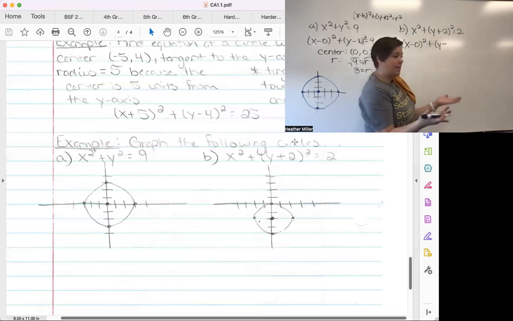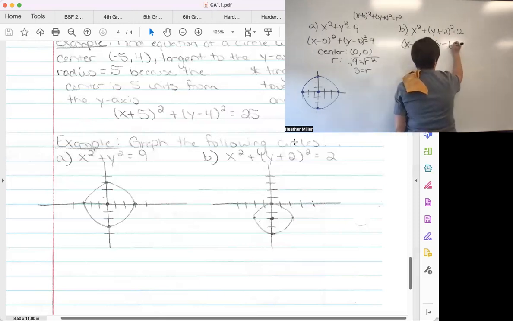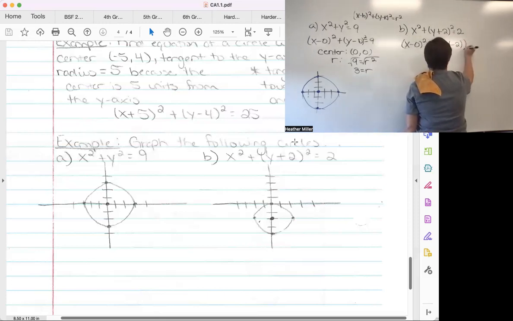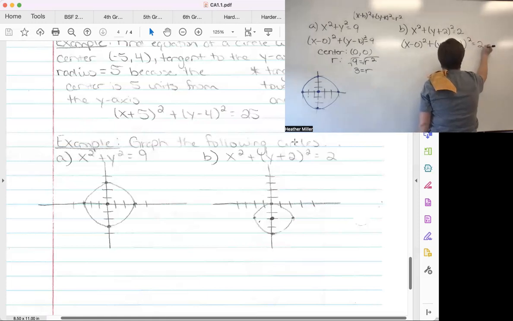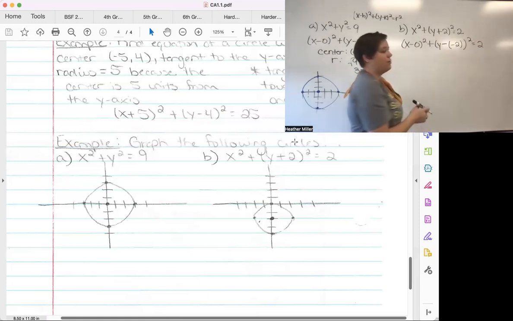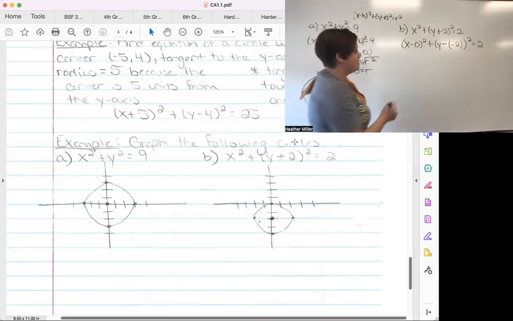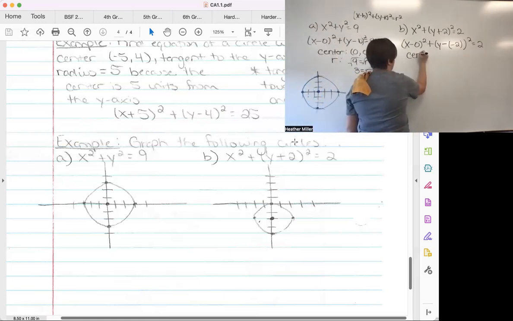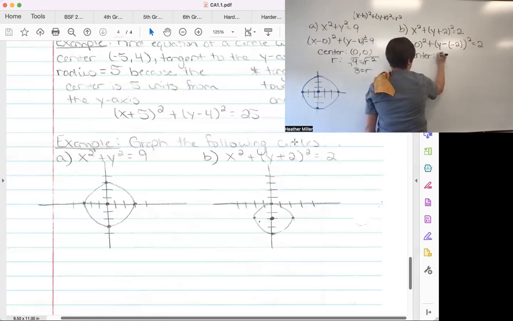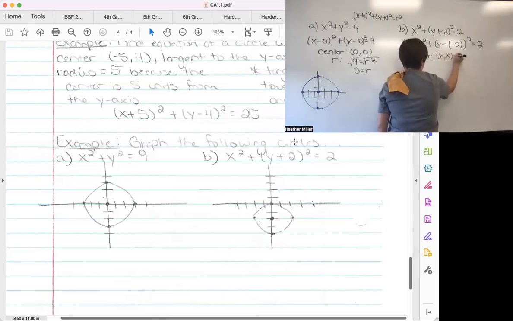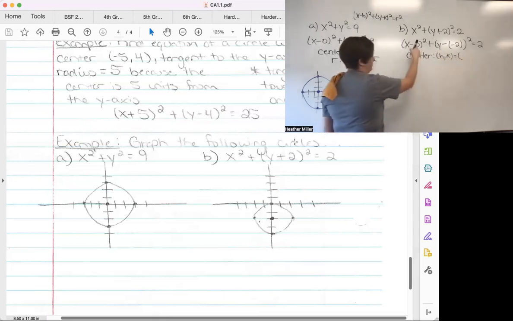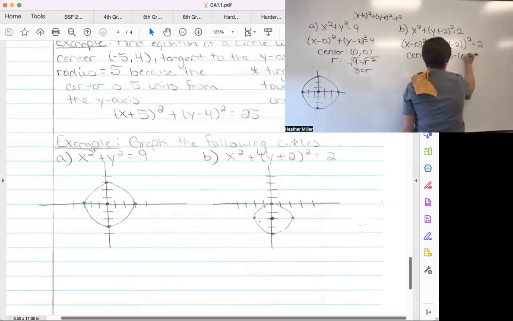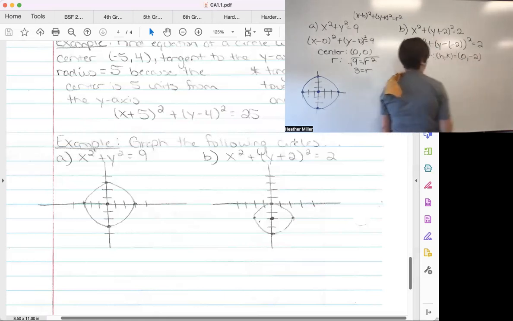Well, I have to have another minus, which tells me that my k value is actually a negative. That's why I wanted to write it like this, so that you can see that. Because now when I ask for the center, which is the (h, k), hopefully you say, well, my h is 0, and my k is -2.